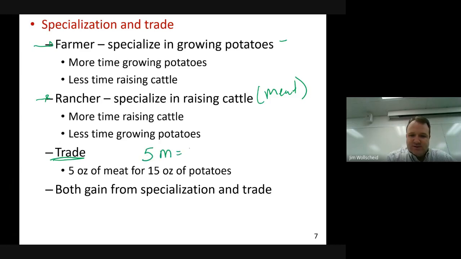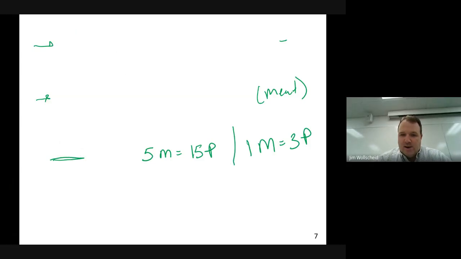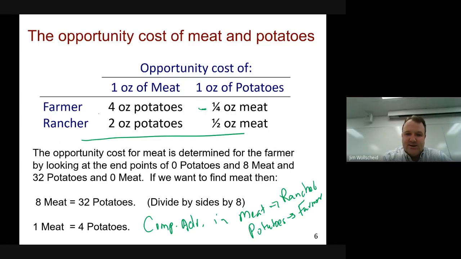So 5 equals 15. What does 1 cost? 1 costs 3 potatoes. So is that a good trade? Well, I would go back and see that 3 falls between 4 and 2.